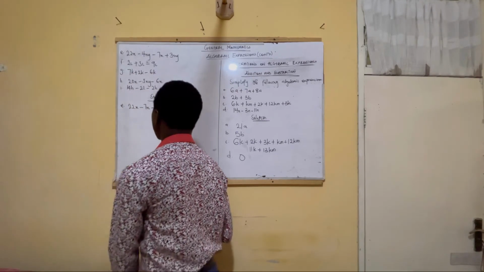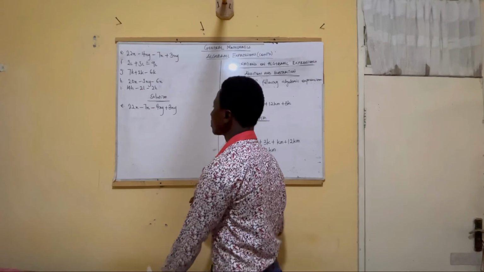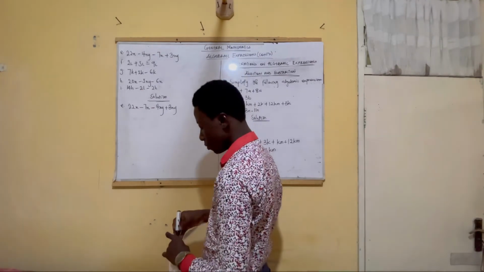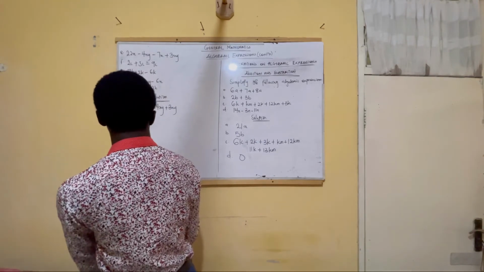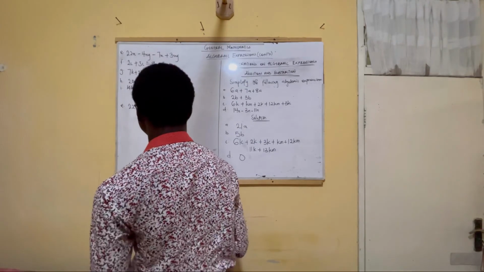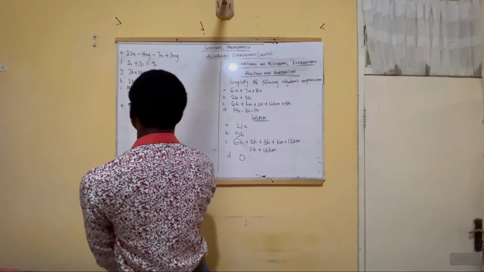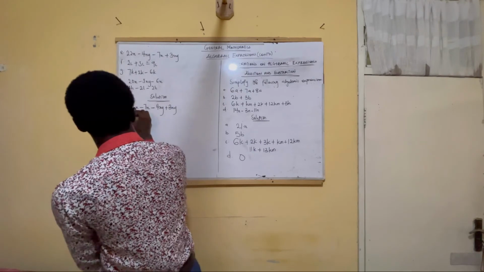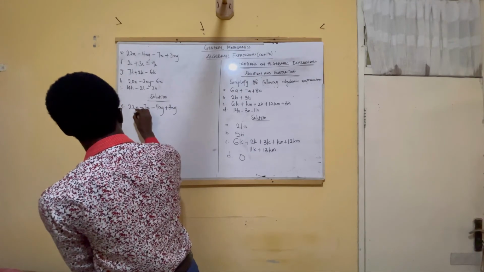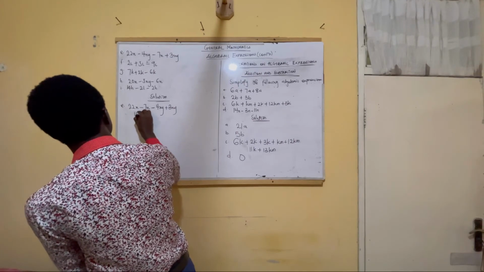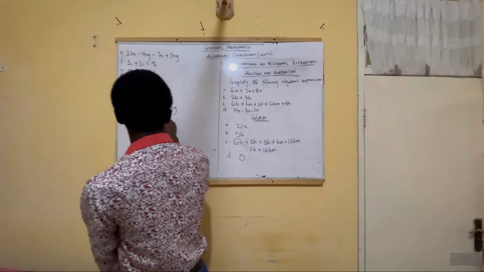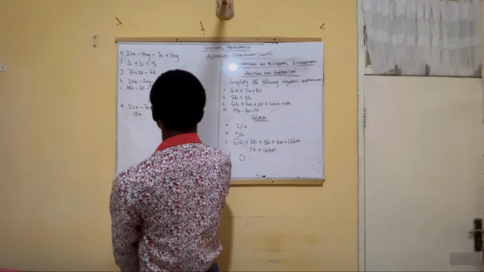Okay, so we can now start to solve. Alright, so 22 minus 7, what are we getting? 22 minus 7, so you're gonna have 15, isn't it? 15x, then minus 4xy plus 3xy.